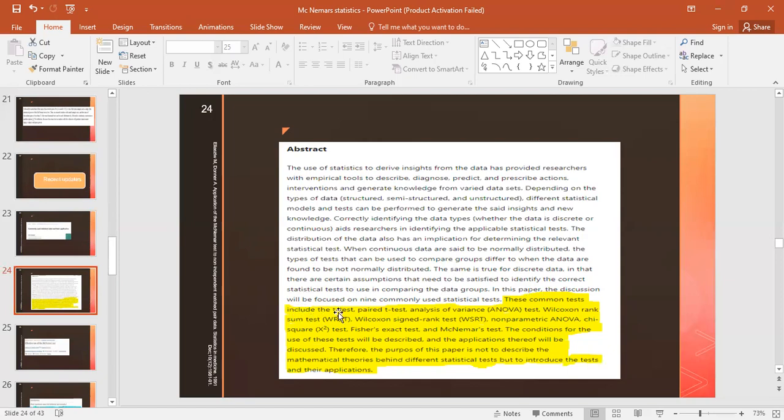These include the t-test, paired t-test, analysis of variance, Wilcoxon rank sum test, Wilcoxon signed rank test, non-parametric ANOVA, chi-square, Fisher exact test, and the McNemar test. The conditions for the use of these tests and their applications are discussed. The purpose of this paper is not to describe the mathematical theories behind the different statistical tests, but to introduce the tests and their application.